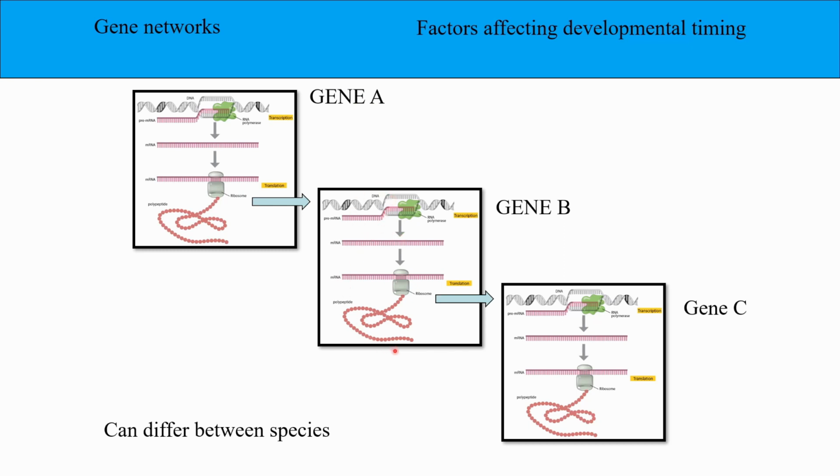And that also needs to be translated into a protein eventually, and that can act on another gene. So you can see that there's a wide range of possible timing differences between different species for these events to occur, even if it's the same signaling pathway in the same developmental process.